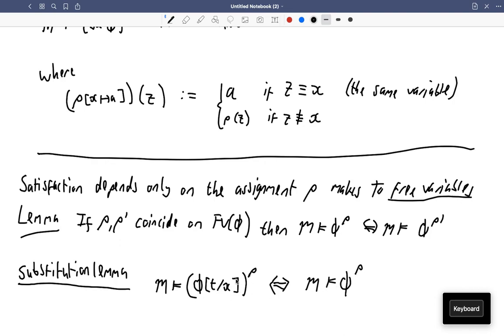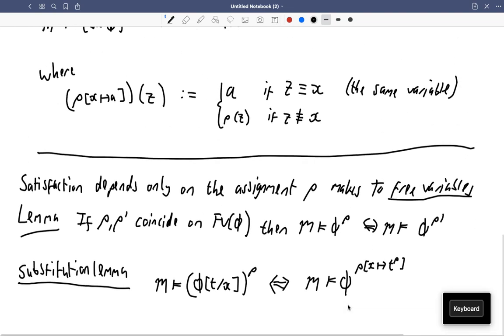We use the environment rho, but update the value of the variable x to the interpretation of the term t in the environment rho. So a bit of a technical lemma, but also quite intuitive, hopefully.